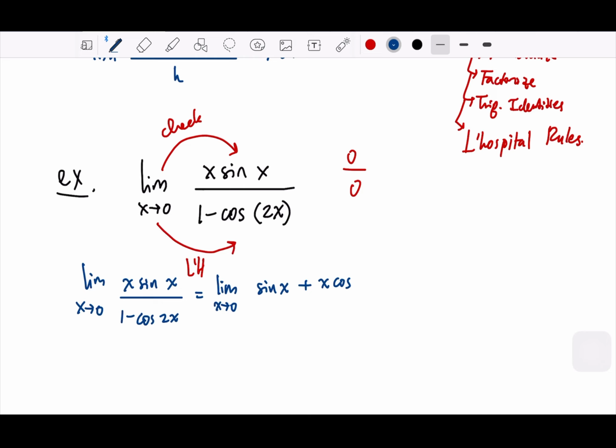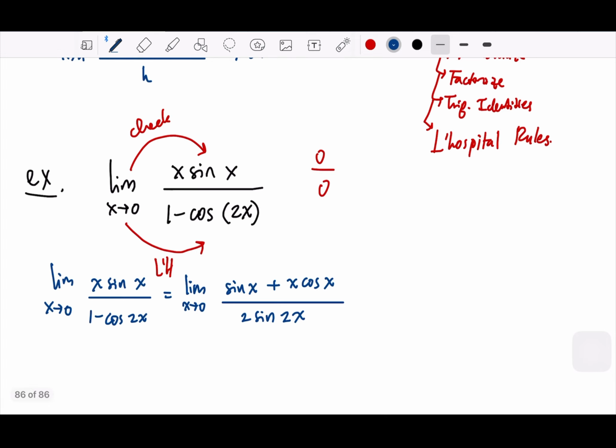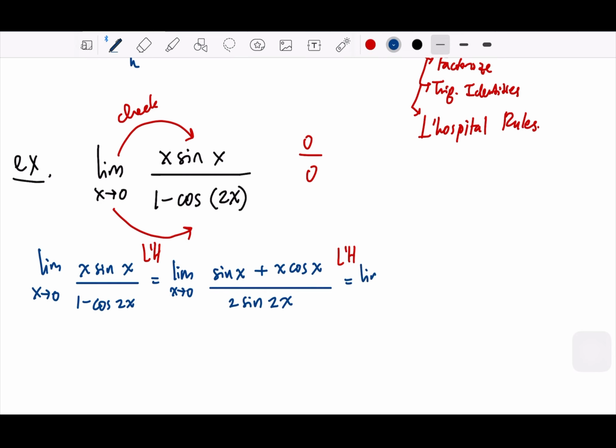X. Still check, I think we're still using L'Hopital. Not sure how many times we are going to do this, but check.